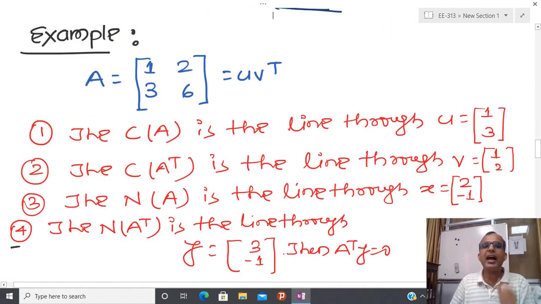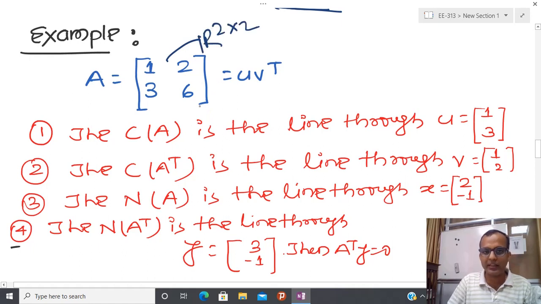So I have taken here one matrix, a 2 cross 2 matrix, so this is in R 2 cross 2. Here you can see that in this particular matrix, if you consider these two elements, this row, if you multiply it by 3, then I can create this row also.